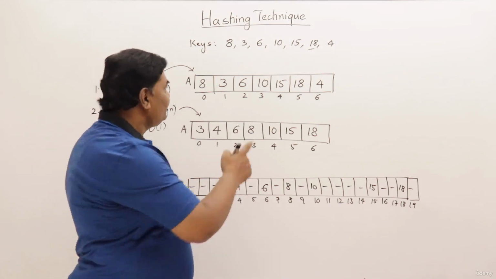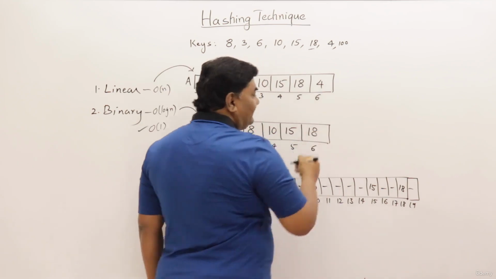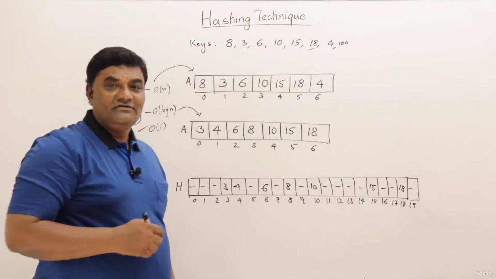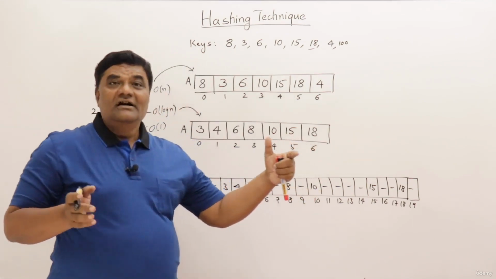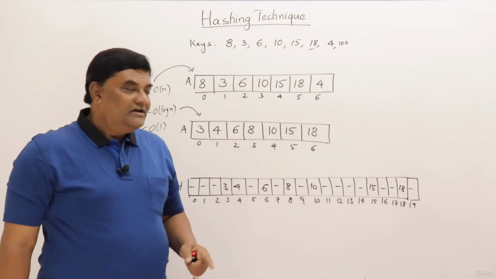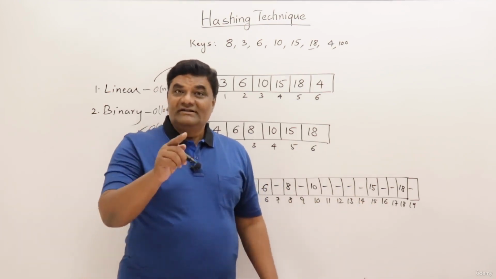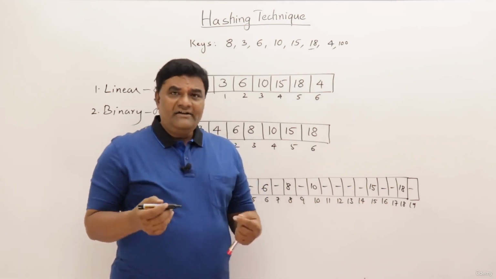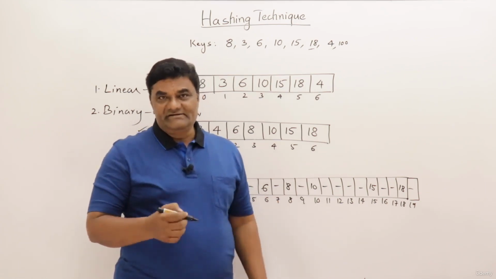If I want to insert the next number, say 100, into this list of keys, then I should have an index 100 also in the array. So though I have only 8 elements, I may need 100 spaces. A lot of space is required and a lot of space is wasted. This is the drawback. We have to do something to reduce this huge consumption of space.